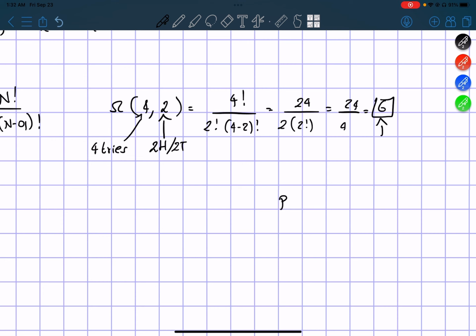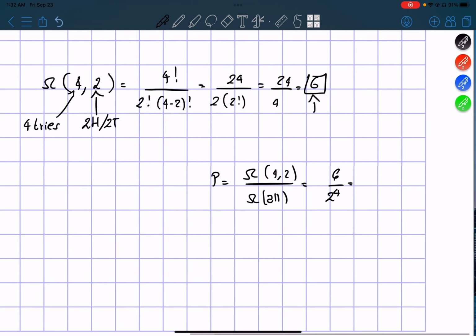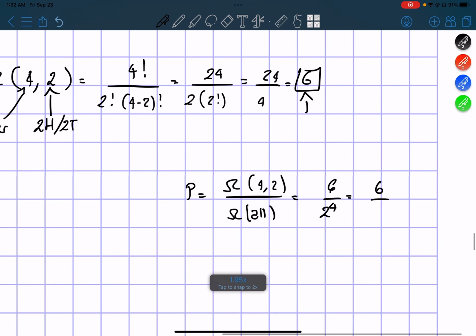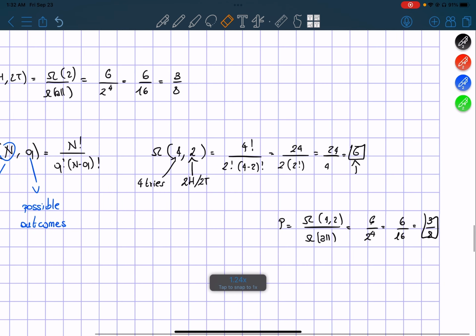The probability will be 6 over, again we said 2 to the power of 4, so 6 over 16, so 3 over 8. Again, we proved that again.